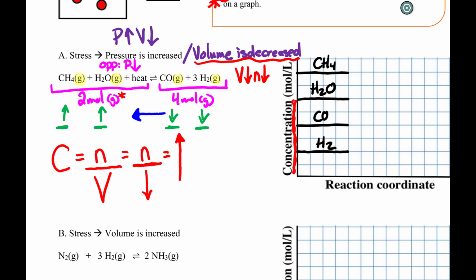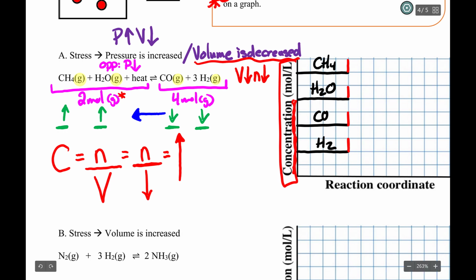So what happens at the stress point is all of the lines are going to go up because the y-axis is concentration. At the stress point, all of them increase because we have the same number of moles but in a smaller volume. Now what happens after this stress point is what we're doing with the green lines.